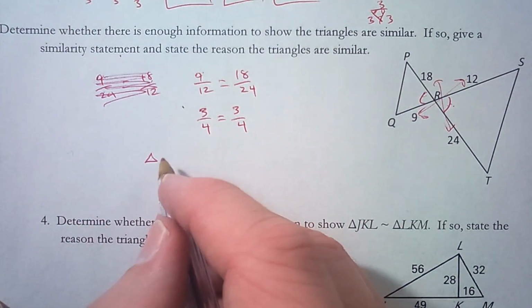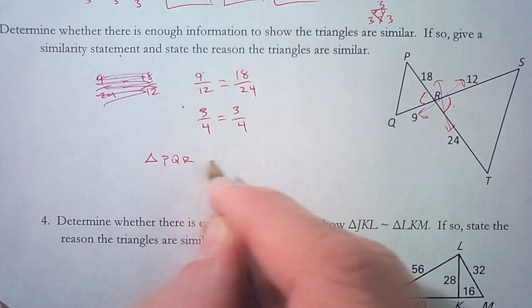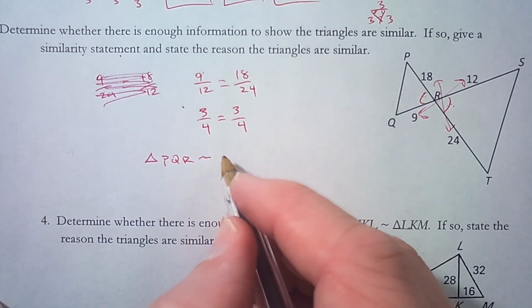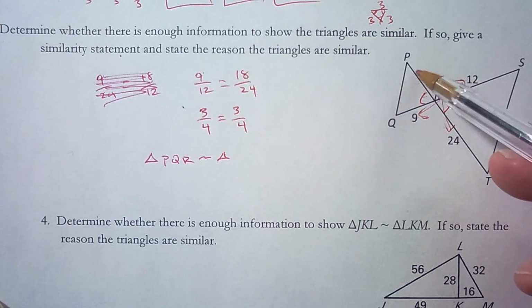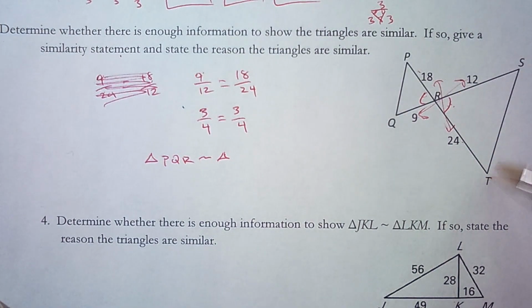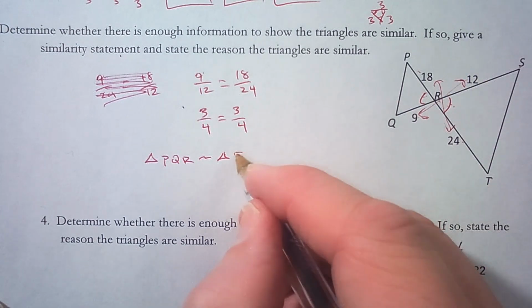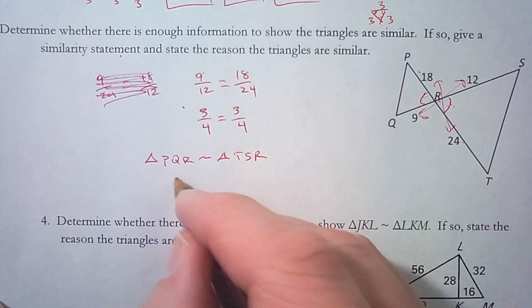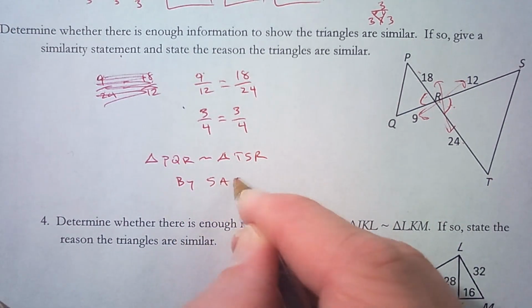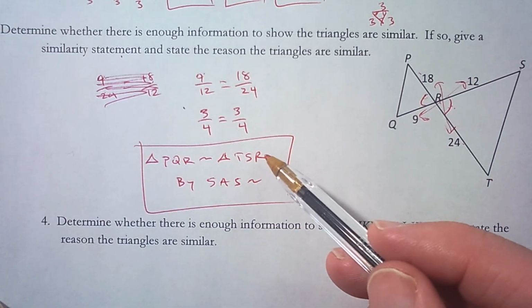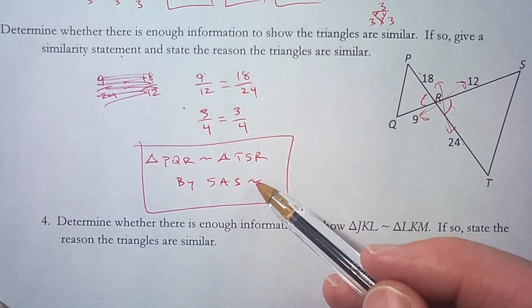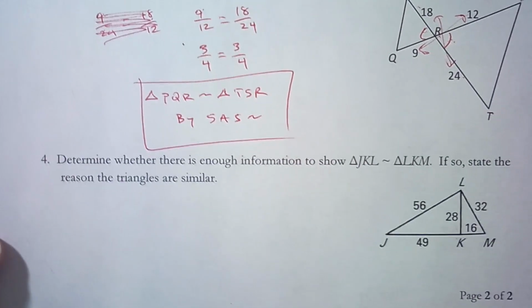So the similarity statement: triangle PQR is similar to triangle, and the triangles are turned backwards with each other, so it's going to be TSR. And that is by side angle side similarity. So there's my similarity statement, and there's my reason why they are similar.